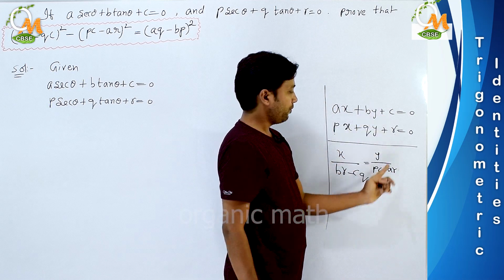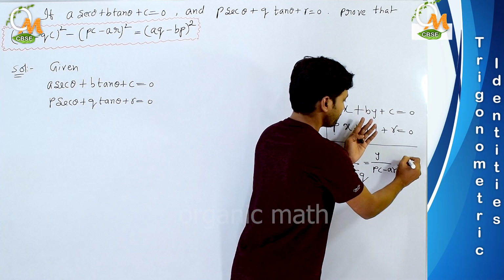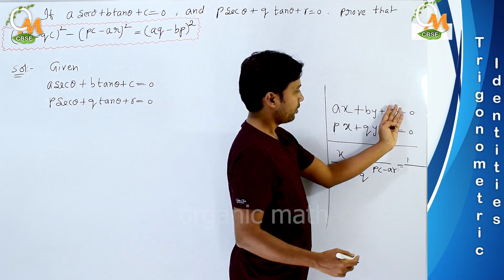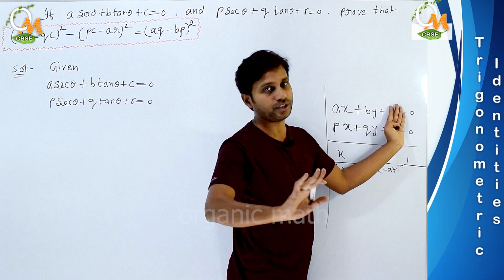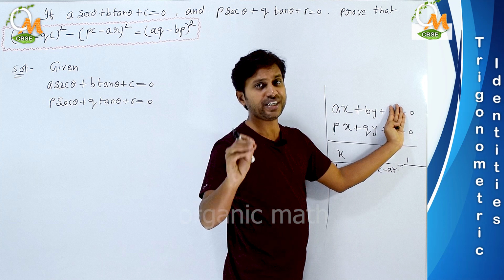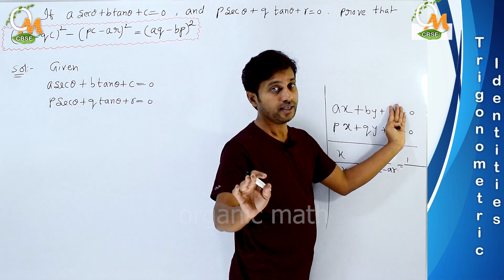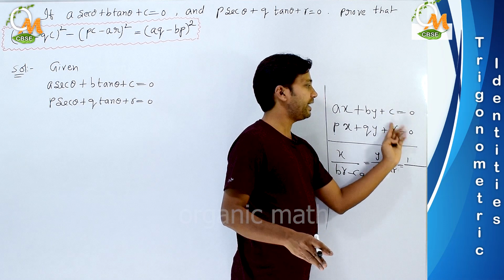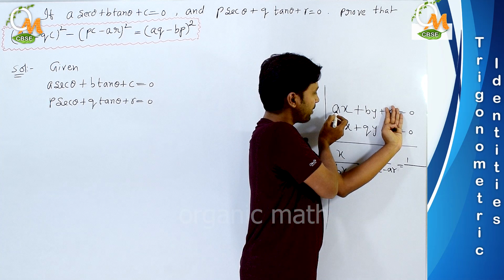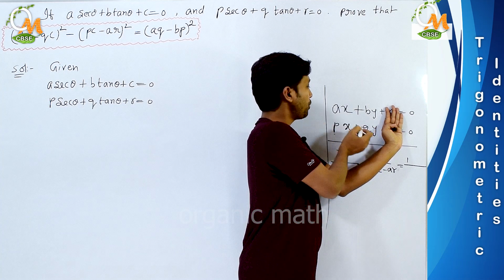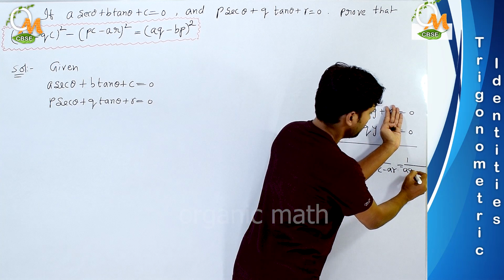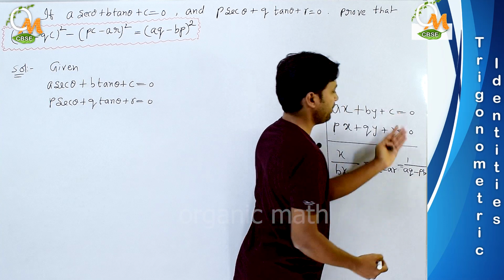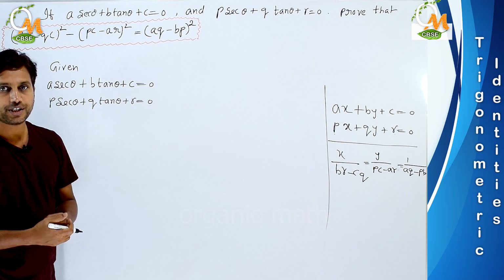Now we got this equal to 1 by, close the constant terms. Why we are getting 1, don't think about that, because we'll discuss that in the topic of linear equations. Just now solve it. Close the constant terms, meaning c and r. Now again go with the first order, aq minus pb or bp. Like that we need to get.